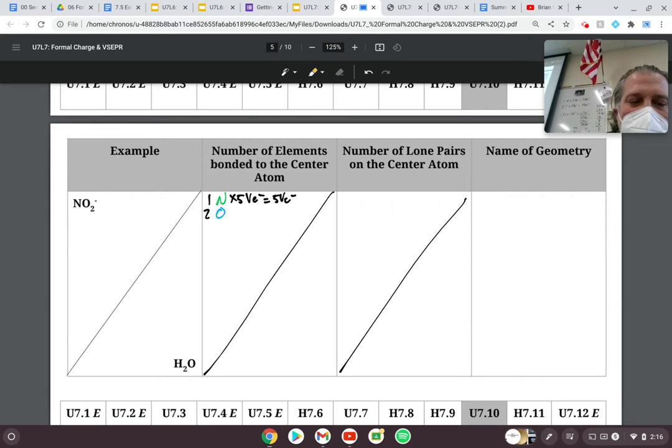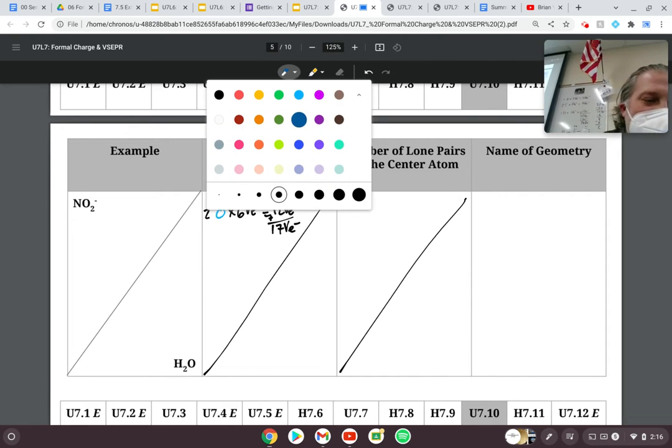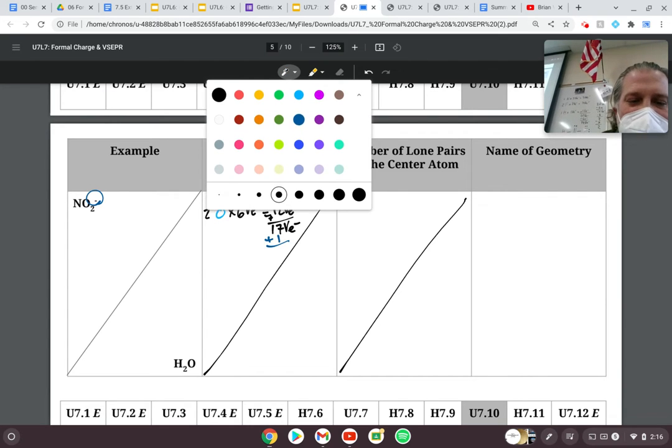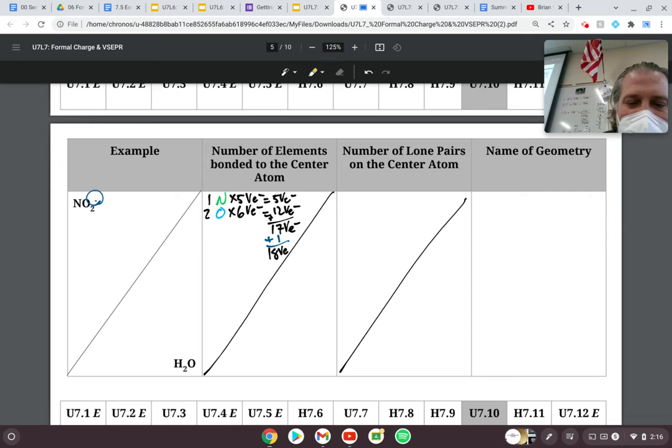I know that there are 2 O's times 6 valence electrons. If we add all that up, that's 17. I see that there is a negative sign here, so I have to add 1. So I have 18 valence electrons to find a home for.